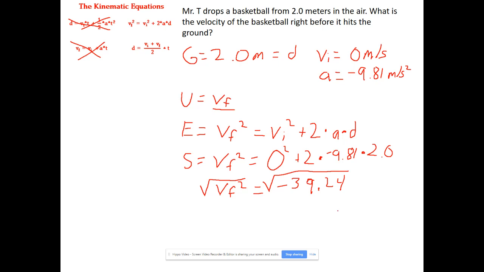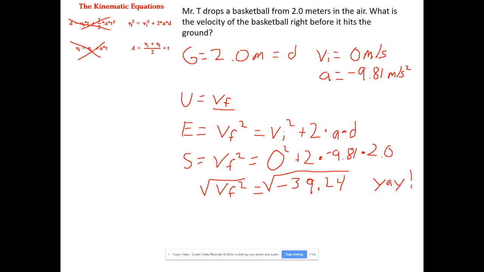If you punch the square root of negative 39.24 into your calculator, it's going to give you an error, or say invalid number, or imaginary number. It's not a real number, because you can't multiply two of the same number together and get a negative number. If you take negative 2 times negative 2, you get 4, not negative 4. It's impossible. So that means we messed up somewhere.